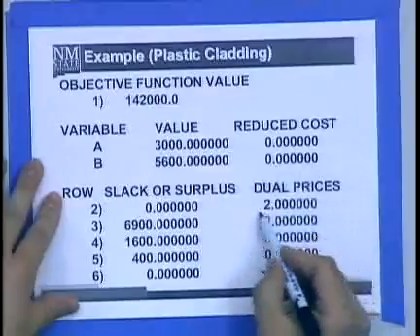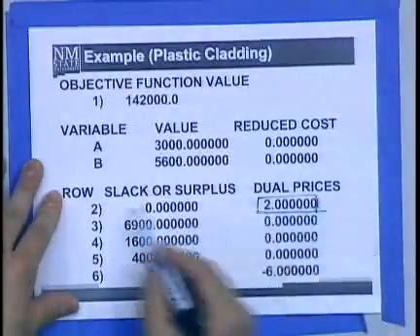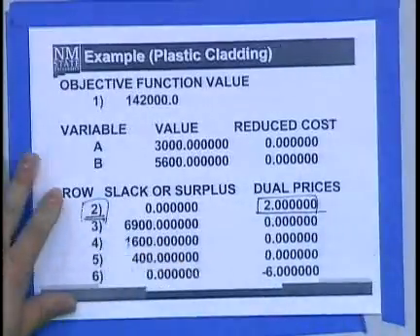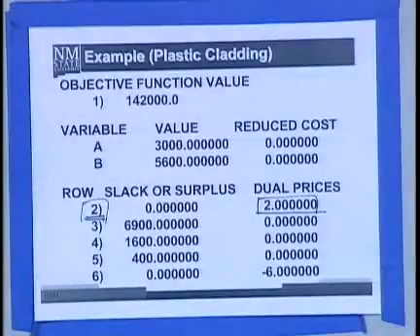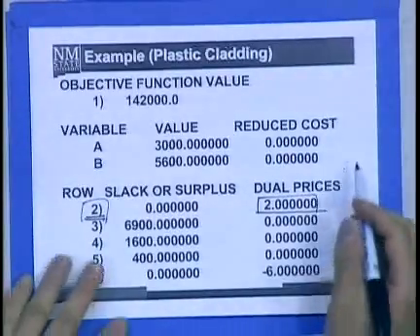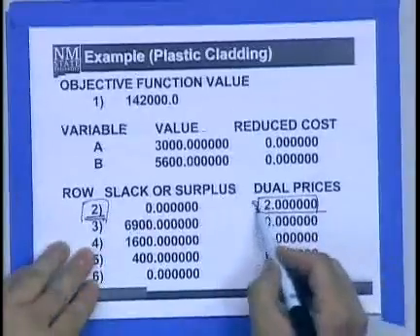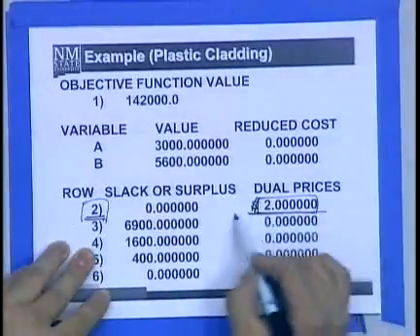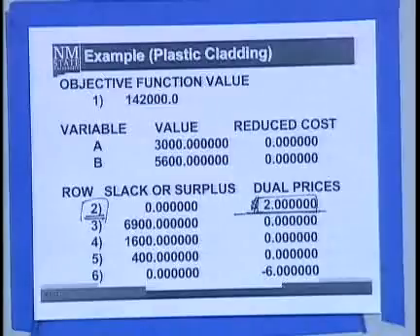And we have a dual price of 2 for this row number 2, which means the objective function, the profit, will be increased by $2 per additional polyamine purchased. Does that make sense?